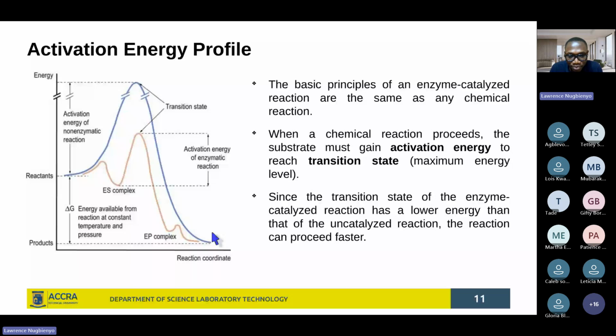So yes, the same product will be formed, except that for the uncatalyzed reaction, it will take a longer time, because the activation energy required to reach a transition state is much higher than that of the catalyzed. So the catalyzed reaction will occur faster, and you have your product faster. So this is a basic principle by which reactions occur.